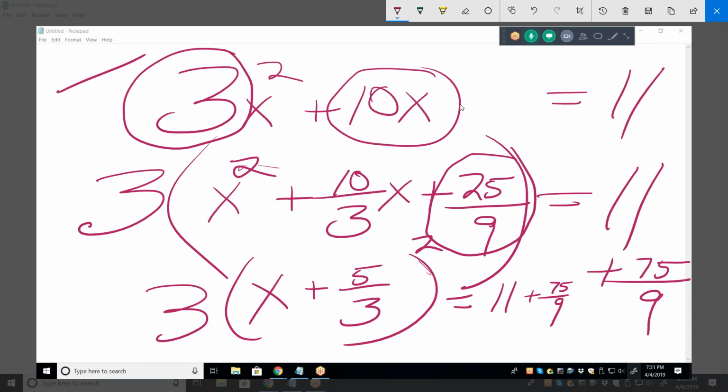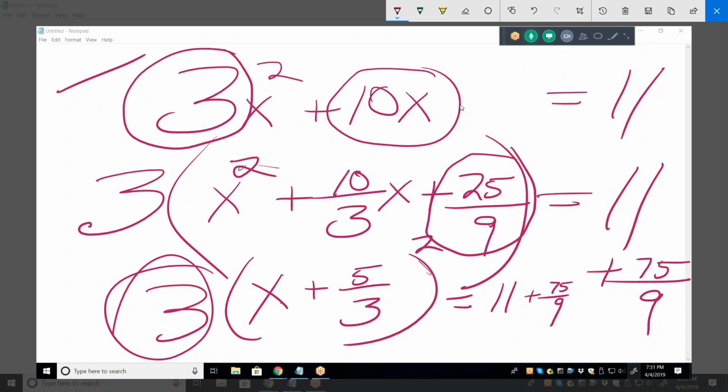With me? What's the next step going to be? It's going to divide by 3. Exactly. You got to get rid of that 3 before you can take the square root of both sides. That 3 is not being squared. Only the x plus 5/3 is being squared.